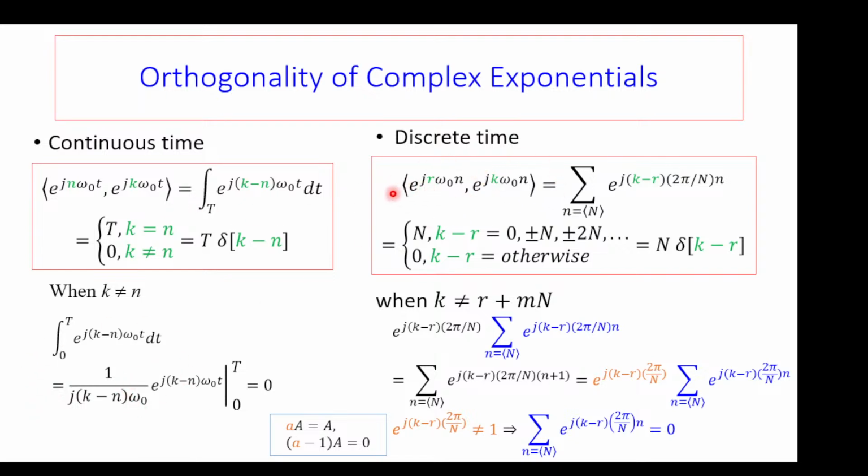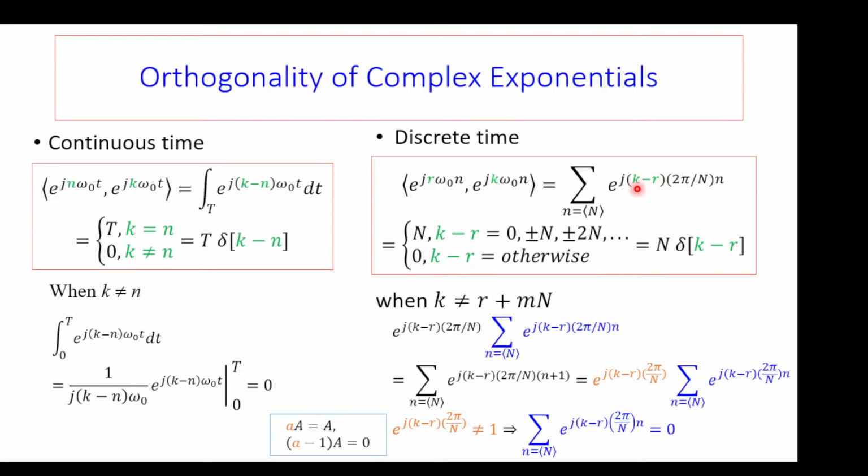And also for the discrete case, we have a similar thing. Now we have discrete signals, also complex exponentials. So e to the j r omega n, where we use r instead of n because we already have n here, and e to the jk omega n. We do their inner product, and in discrete time it is defined by taking the complex conjugate of the first function and multiplying.